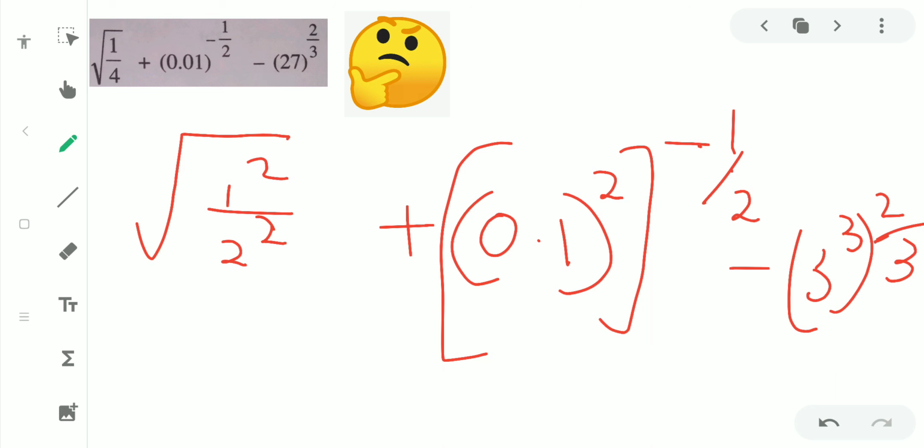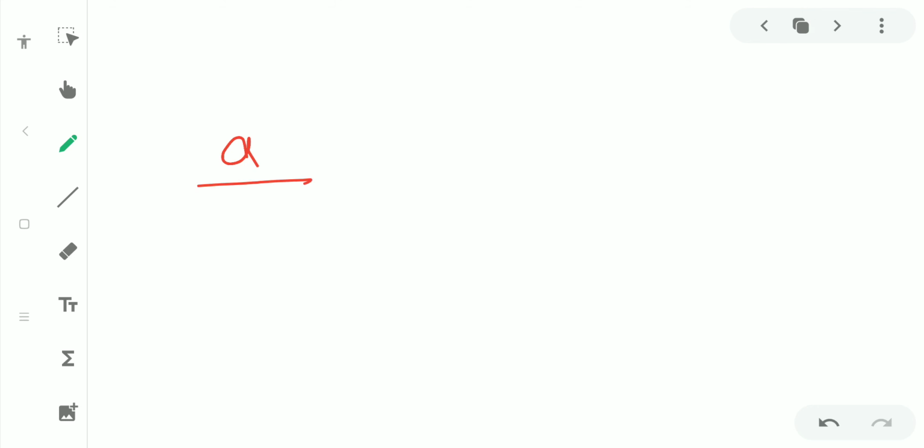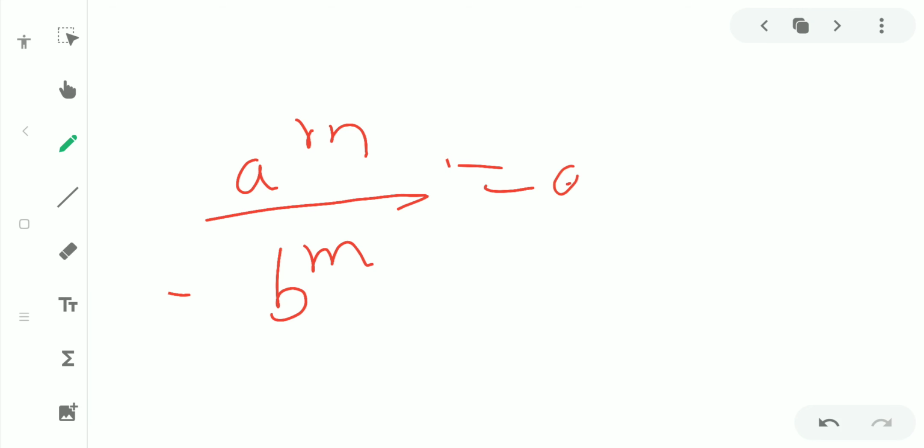Come back to question. Now I will write 1 square by 2 square as 1 by 2 whole square, because I will use the formula a by b whole power m. I will just reverse it, that is a power m by b power m is equal to a by b whole power m.